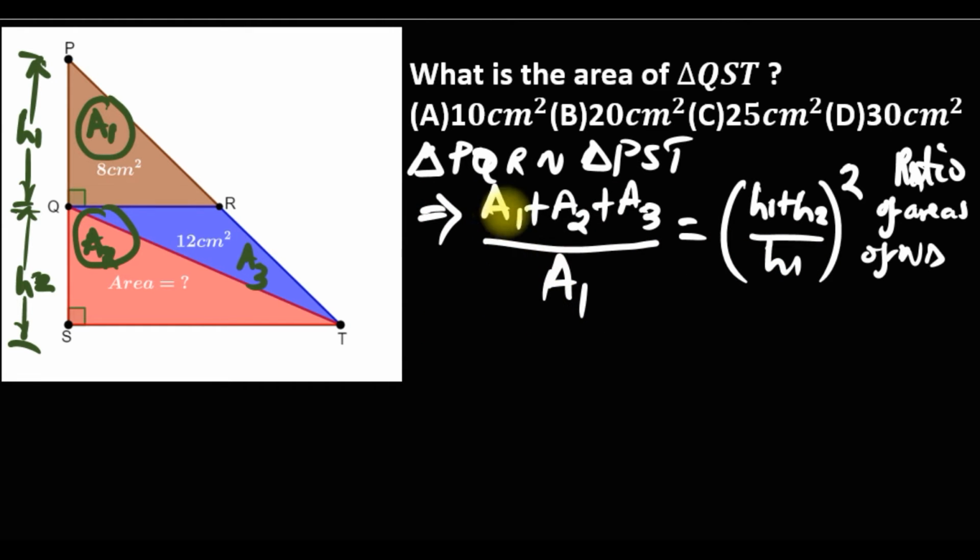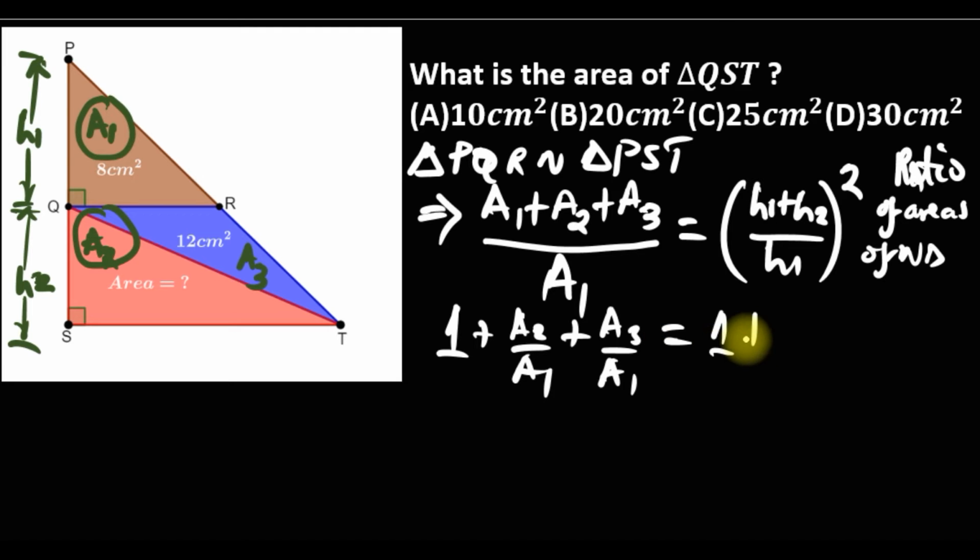Now A1 divided by A1 is 1, so dividing A1, A2, and A3 by A1 gives 1 plus A2 over A1 plus A3 over A1 equals 1 plus H2 over H1, all squared.